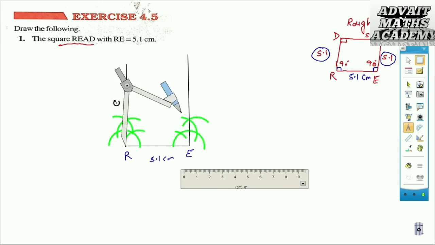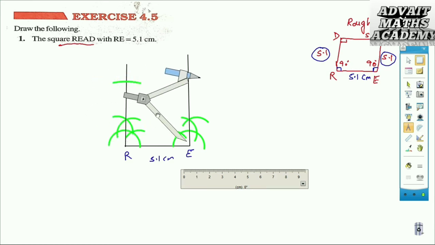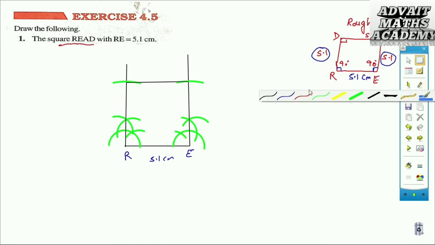Then make arcs upward from R and also from E. Then with the help of a ruler draw the line and see, this is a square. Write the dimensions and the values.